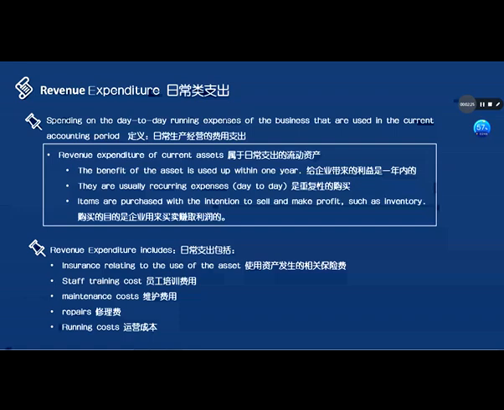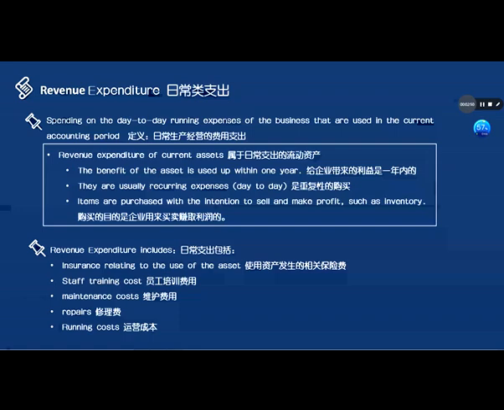So the insurance expense is recognized as a revenue expenditure rather than capital expenditure, because it does not add value to the office building or to the machine, right? It just happens year by year. So it's called revenue expenditure.